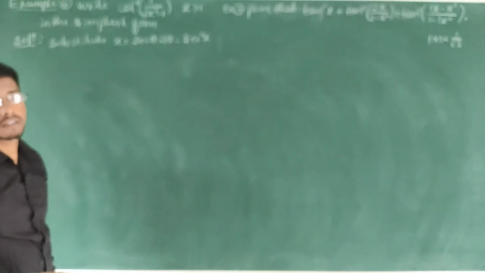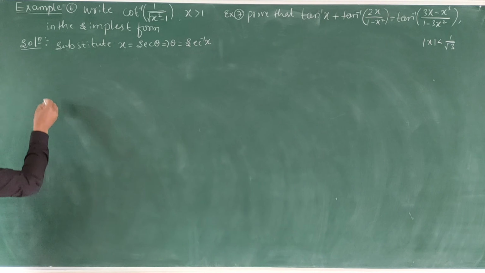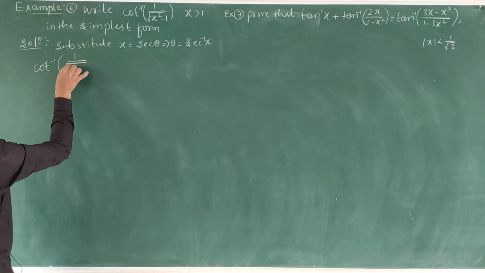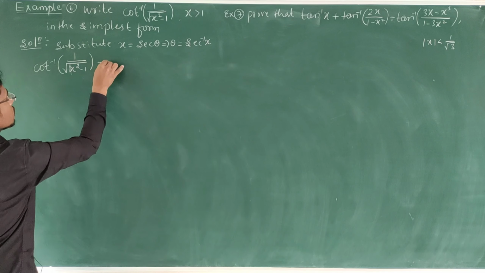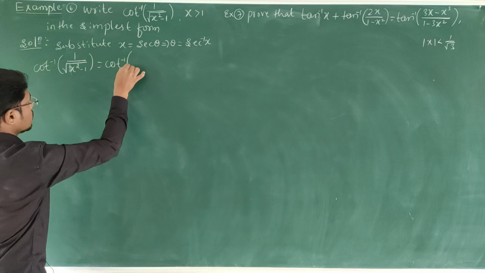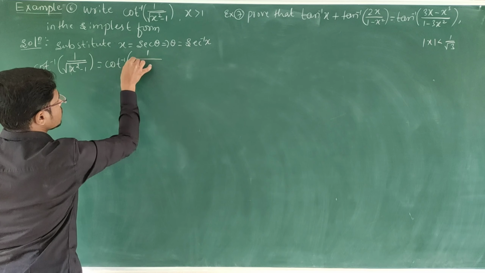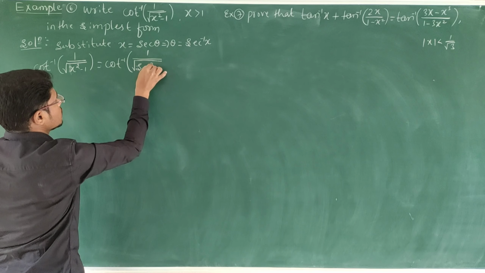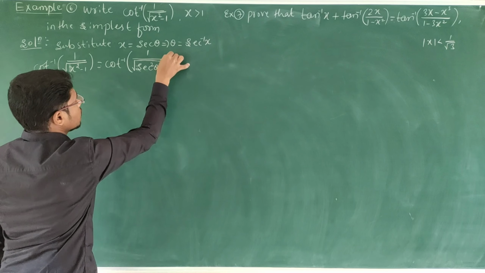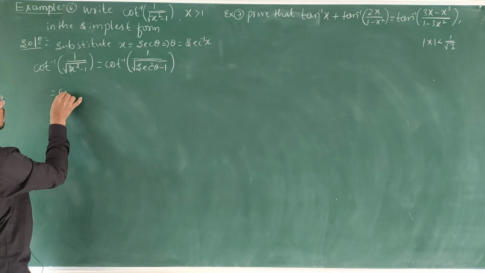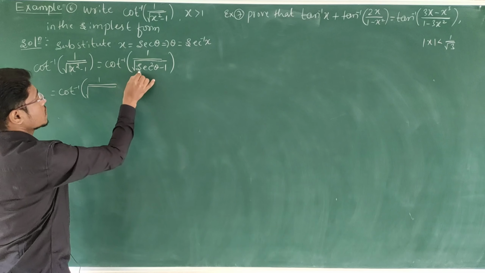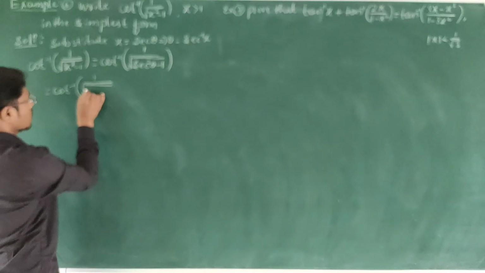Take the given question, cot inverse of 1 divided by square root of x square minus 1. Here x means sec theta, x square means secant square theta, so this is equal to cot inverse of 1 divided by square root of secant square theta minus 1.